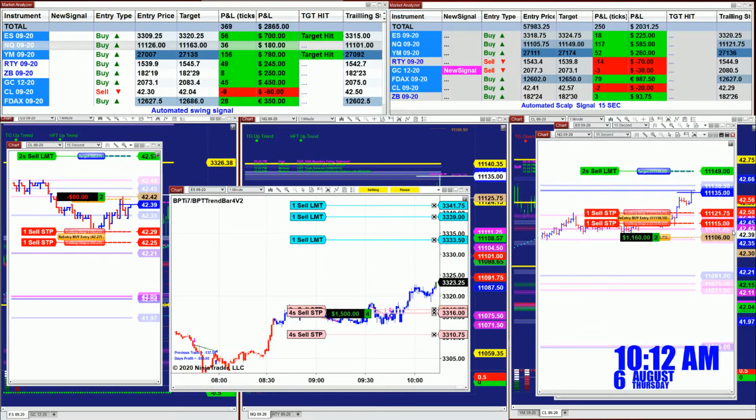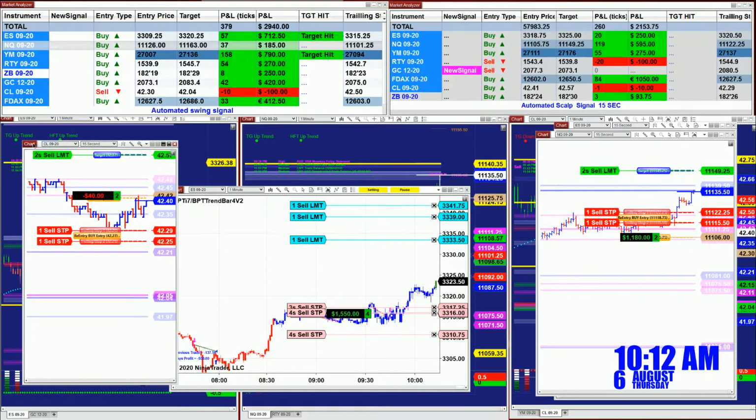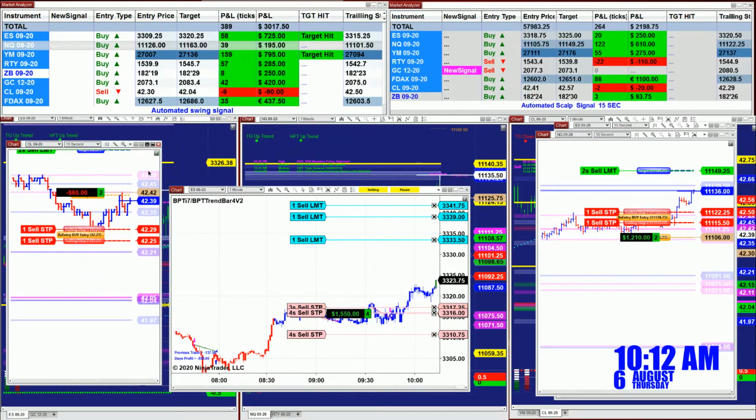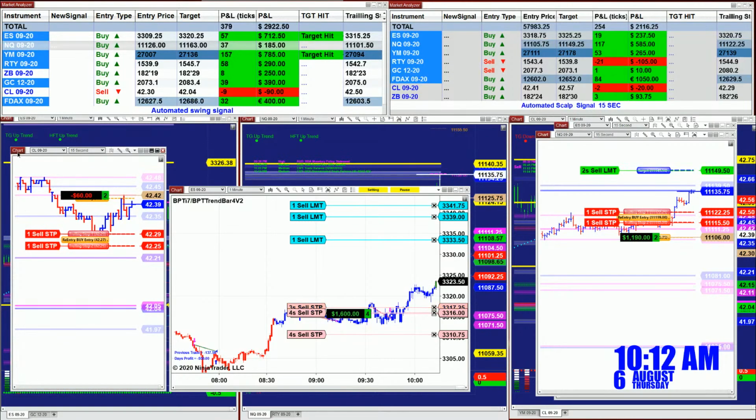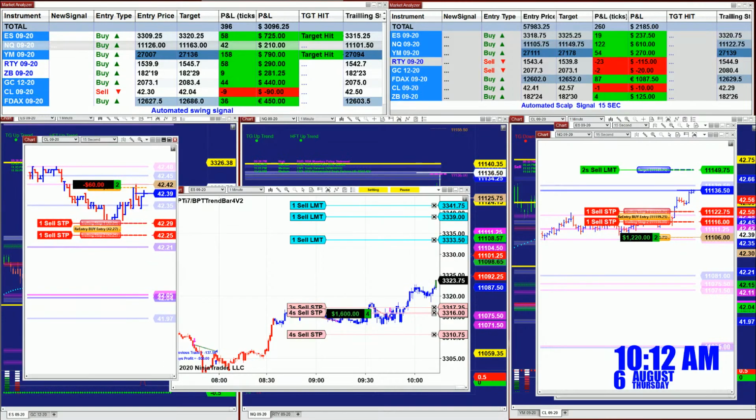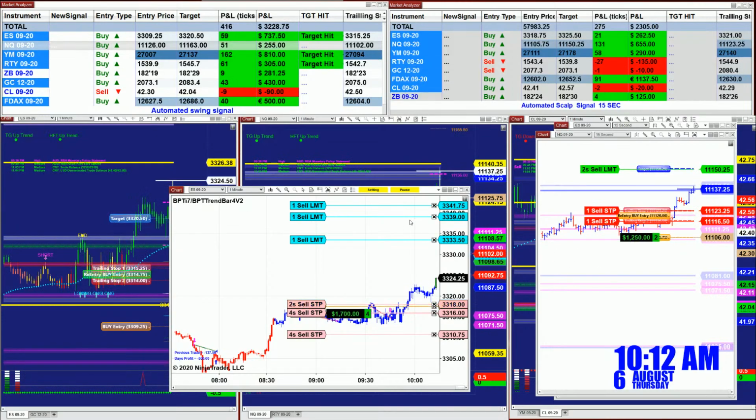This is a beautiful trade on that auto trade. The CL is going to have a problem because we have a resistance at 42.48 and resistance at 42.45. So the trade on the CL on the new signal, it will have a problem at the moment.